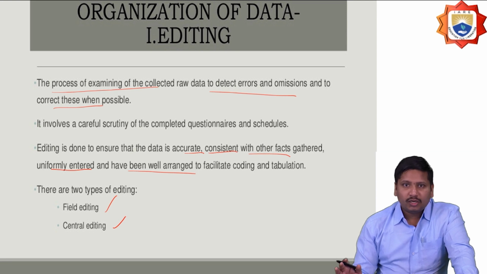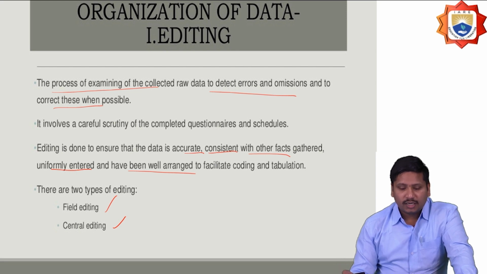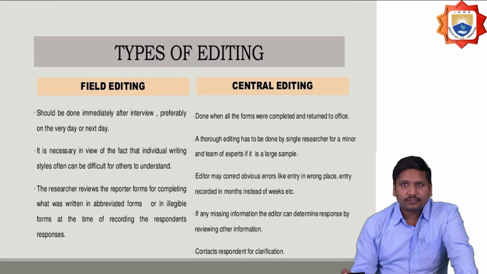Editing is done to ensure that the data is accurate and consistent with any other facts gathered, and is well organized to facilitate coding and tabulation. There are two types of editing: field editing and central editing.